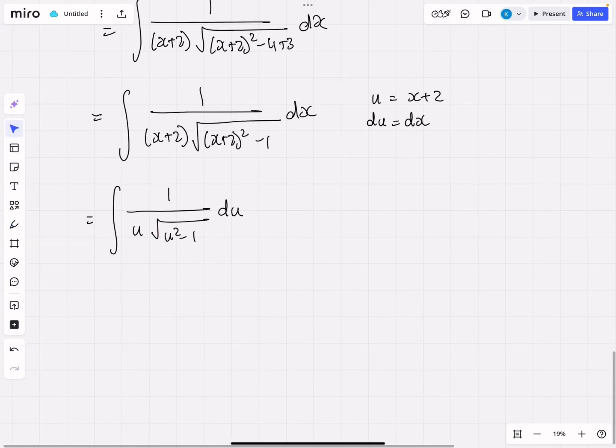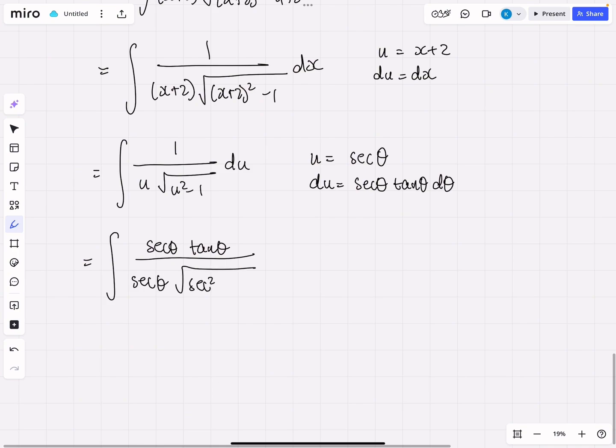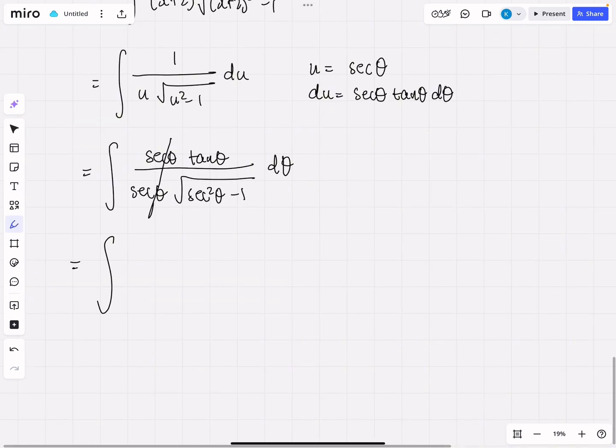Now, we're going to make the same substitution that u is equal to sec theta this time, which again means that du is equal to sec theta tan theta d theta. So our integral becomes sec theta tan theta over sec theta square root of sec squared theta minus 1 d theta. Okay, those sec thetas cancel.